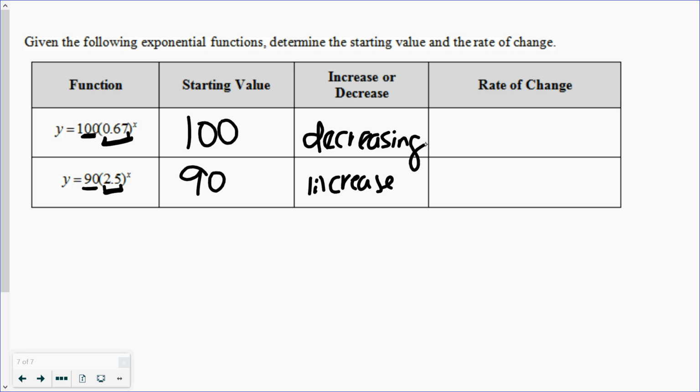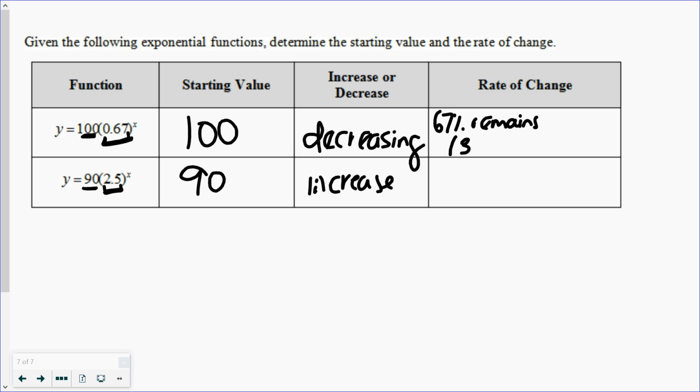So the rate of change. Sorry, I'm just trying to figure out how I want to describe that. So 67% remains from one generation to the next is probably what we'll call it, whatever a generation is.